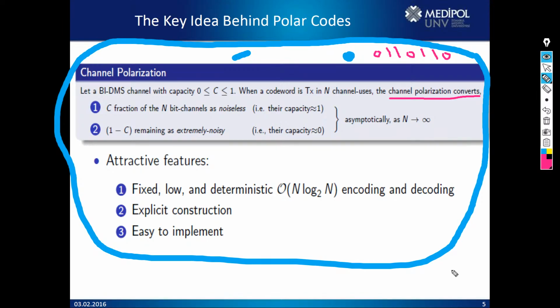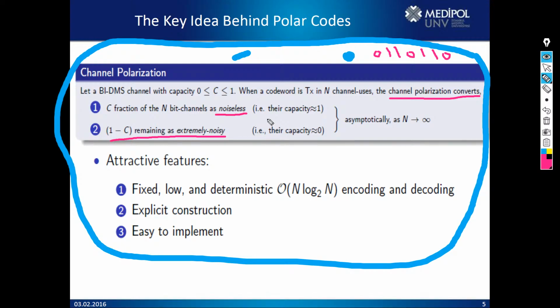But what does channel polarization say? It says that it converts C fractions of the n-bit channels as noiseless, and 1 minus C remaining as extremely noisy. What does this mean? You classified them into noiseless, their capacity is equal to 1.